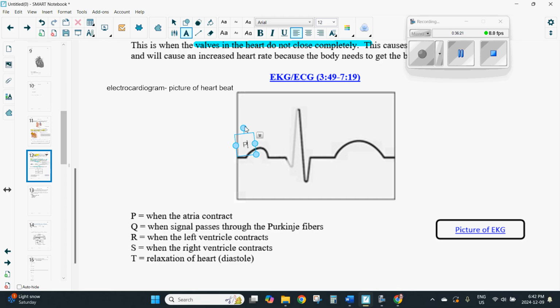I'll move them after. This small bump here, and they all go in order. So your QRS is representing this big chunk right here, and then your T wave will be at the very end. But we'll finish the video first and then add it in.